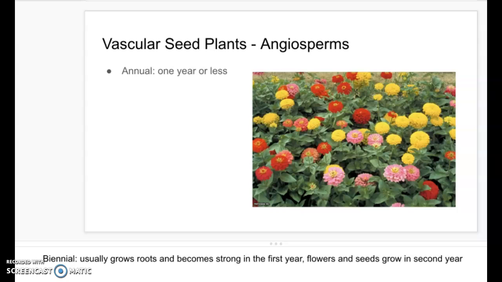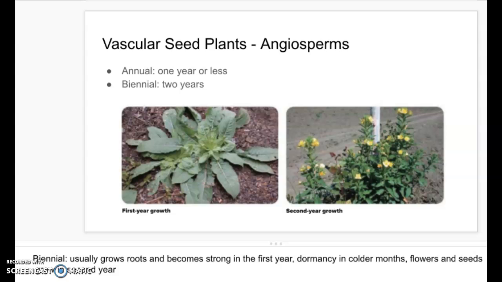Okay, so there are also different types of angiosperms. You have the annuals, which you buy and plant and they're beautiful, and then they die and you're done. They're called annuals because they last about a year. There is also such a thing as biennials, which get pretty strong at first, then go into some dormancy, flower, and then die off.